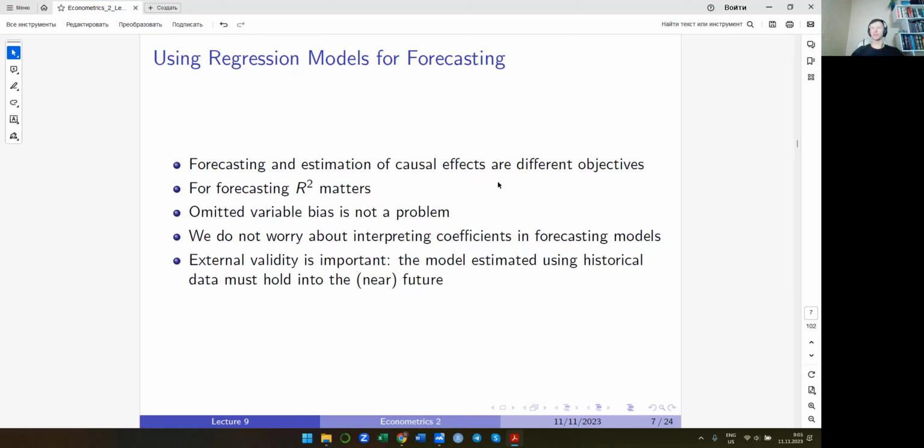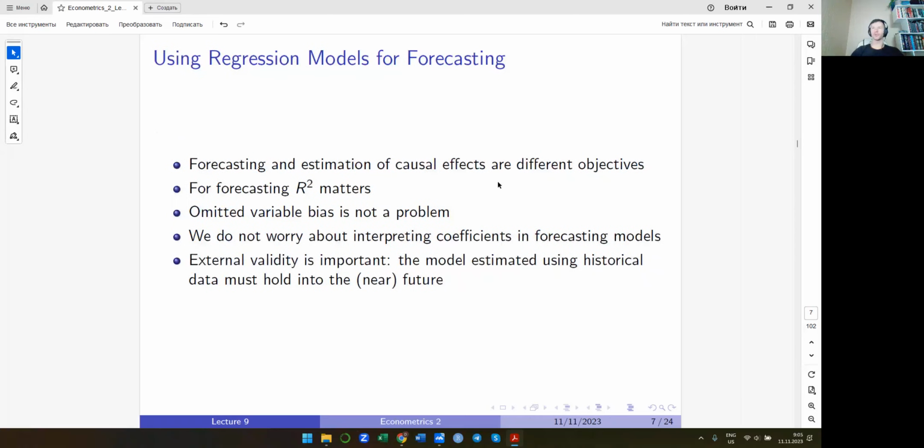If you take something from the past and you are trying to apply this for the future, you must be sure that past and future are comparable. They are similar in some sense. If not, your forecast is of no use. It's just useless.